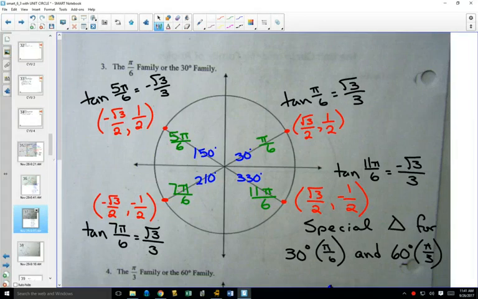And so all of your pi over 6 family for tan is root 3 over 3. Some of them are positive, quadrant 1 and quadrant 3, and some are negative, 2 and 4.